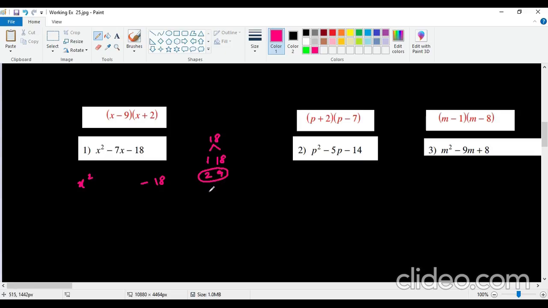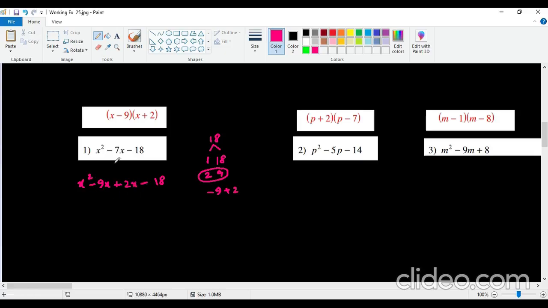And I know very well that minus 9 plus 2 is going to give us a minus 7. So I can write minus 9 first and plus 2 later. That's okay. Not a problem. You can write plus 2 first and minus 9 later. So it's fine. So in here, I will write minus 9x and plus 2x. This way you have to write.